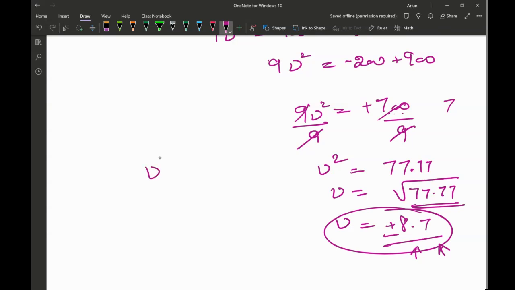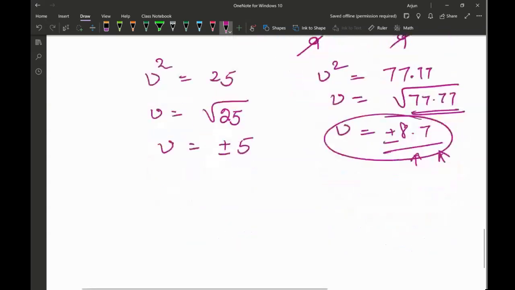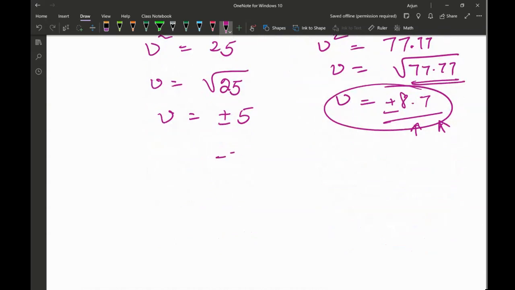What I mean to say here is v square equal to, let's say, 25. What is the value of v? V value will be square root of 25. So the final answer will be plus minus 5. Why is this the answer? Because minus 5 square is 25, and plus 5 square is 25.